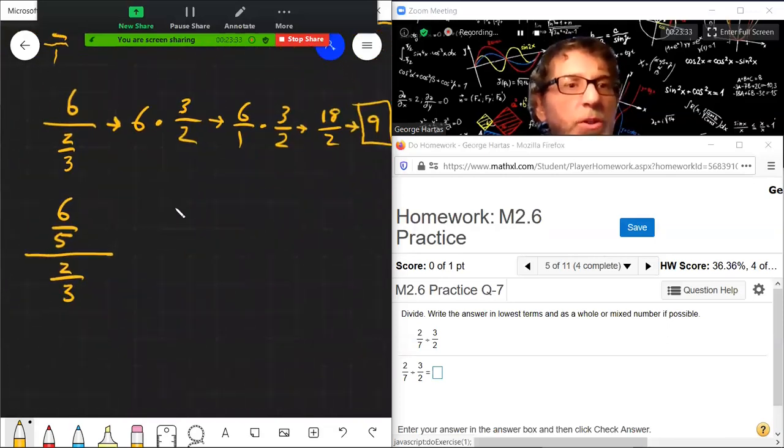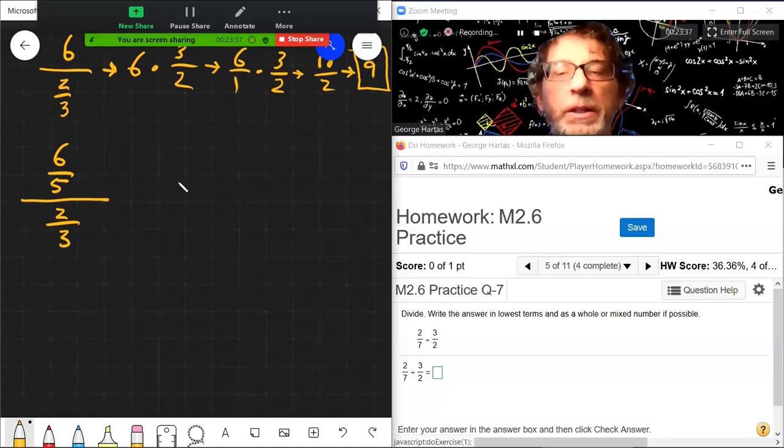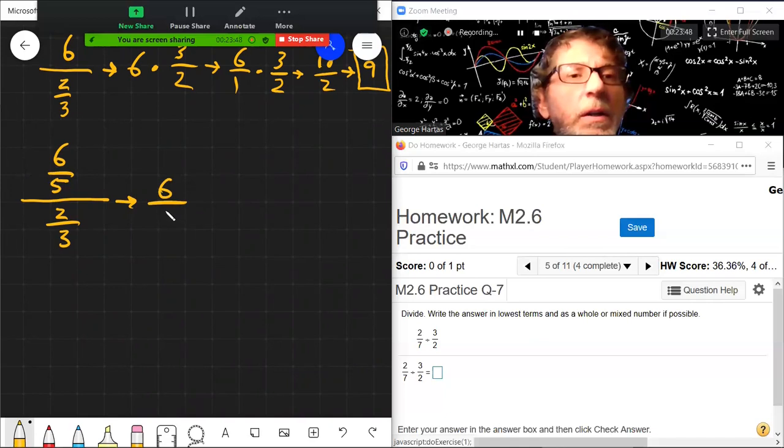Now I'm just going to simply multiply by the reciprocal, like the rule says. So I'm going to keep the numerator, the dividend, the way it is, 6 over 5. I'm going to change the division to multiplication, and I'm going to flip the denominator, the divisor.